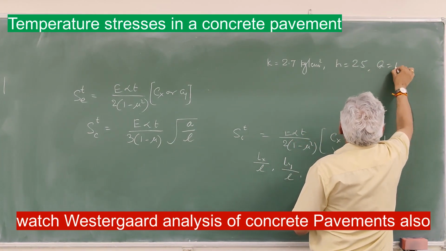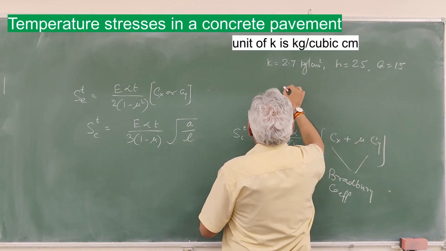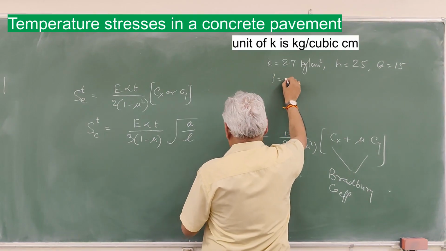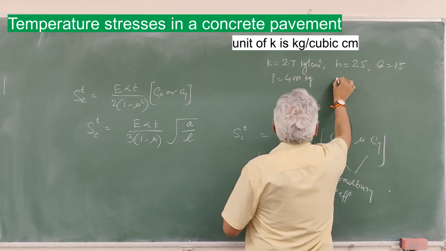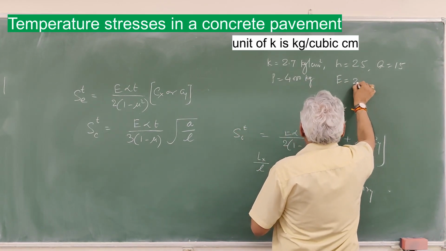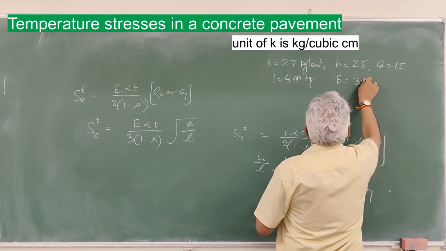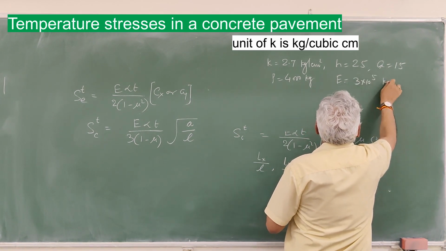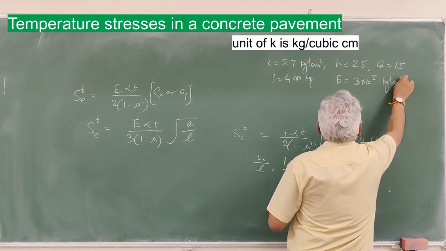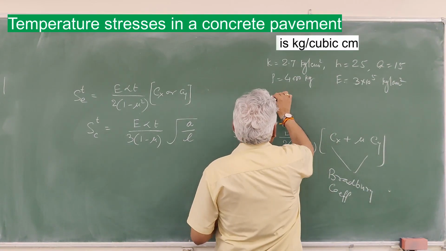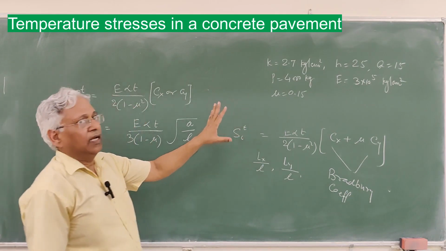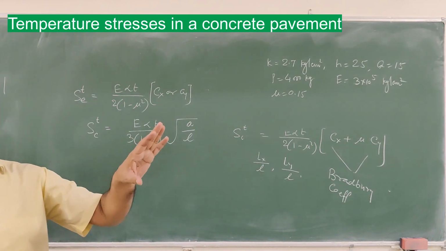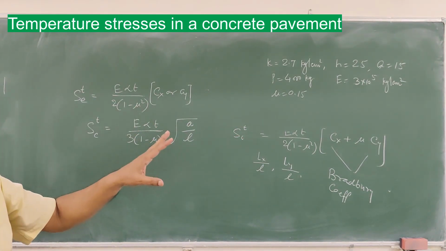A is 15 centimeter. The wheel load, we don't need wheel load here, 4000 kg. E of concrete is 3 into 10 to the power 5 kg per centimeter square. Mu is 0.15, and with these values we calculated the stresses in the pavement due to wheel load.